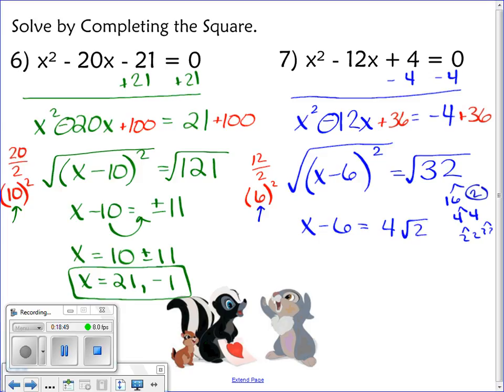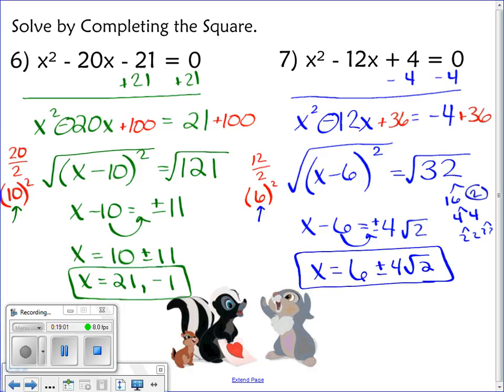And don't forget plus or minus. Good. And then add your 6 over here. So 6 plus or minus 4 radical 2. Doesn't matter. Do I end up at the same place? That's why I chose not to.